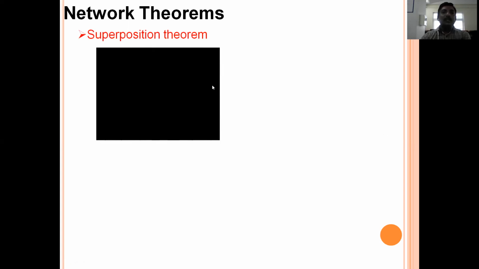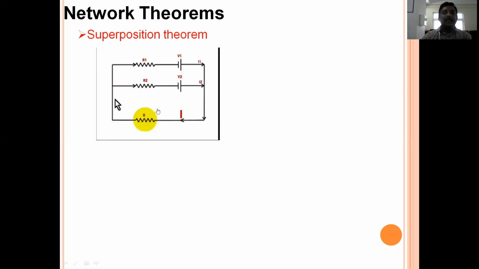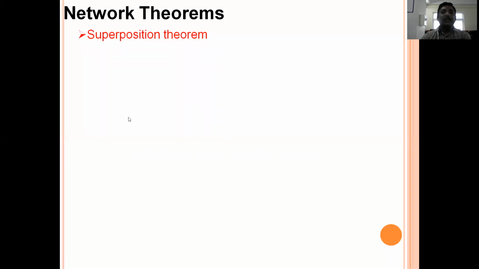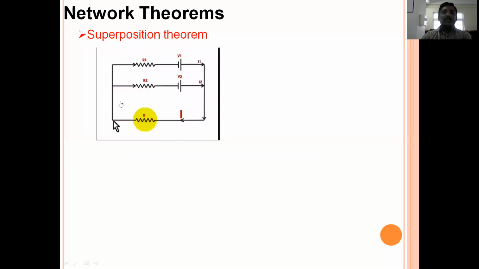Let's start with a simple network here. As you have seen, two voltage sources are present in this particular network, and some amount of current I is flowing through this resistance R. Our aim is to find out the current I flowing through this resistor R, and of course you know that this current is due to the presence of the voltage source V1 and the voltage source V2.